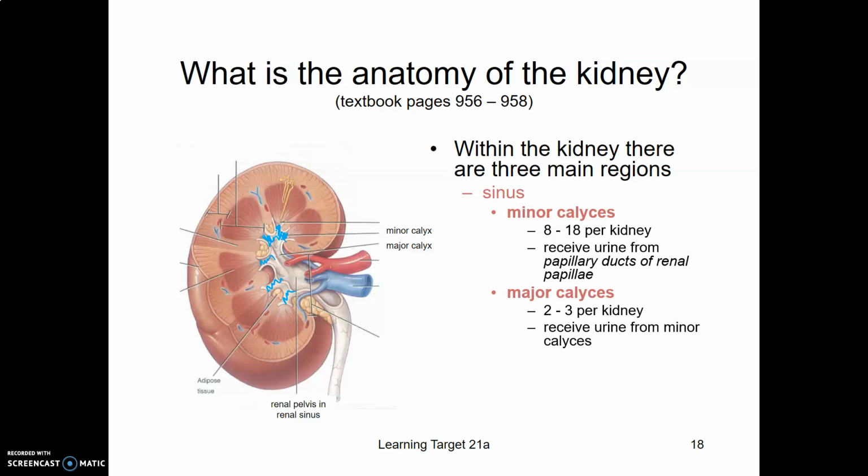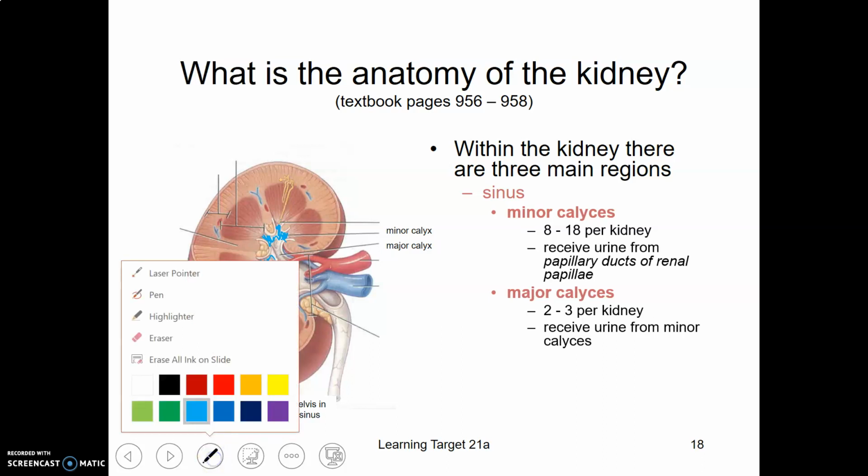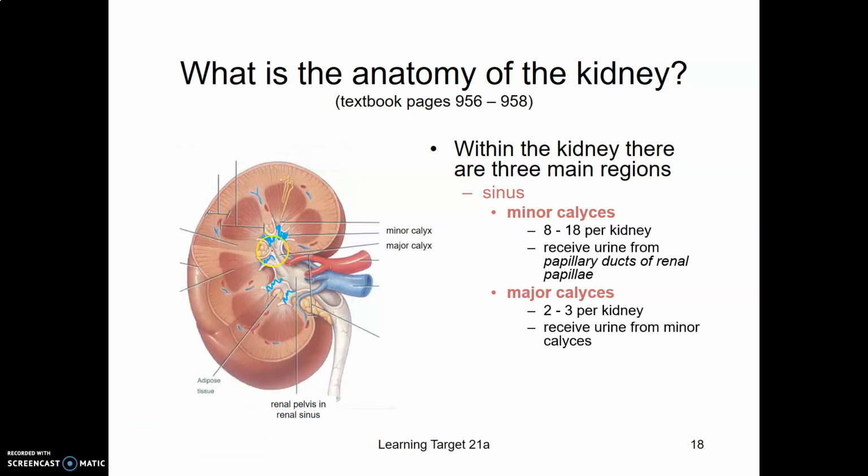So the major, switch to red, will be here and here, and there are going to be about 2 to 3. And so I would say about 3 to 5 minor calyces will drain into one major.